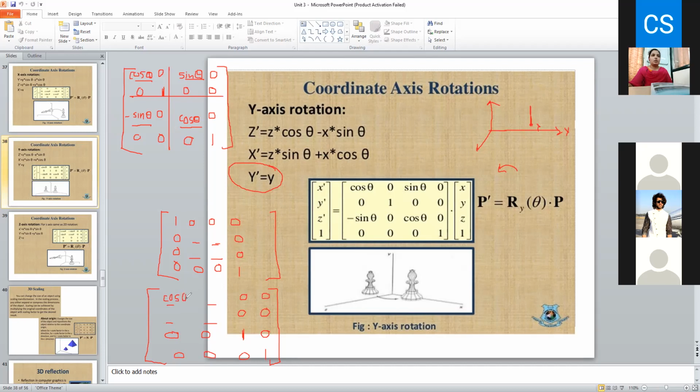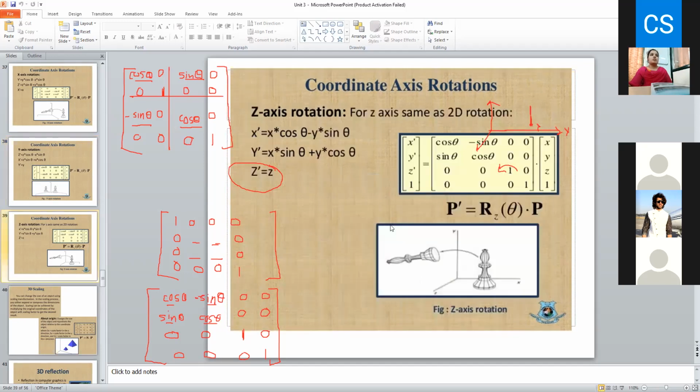So here cos theta, minus sin theta. Here sin theta and cos theta. Okay, so let us see whether our T matrix is correct.